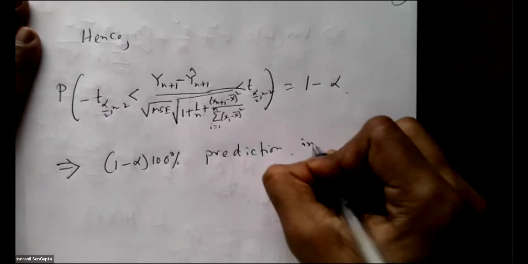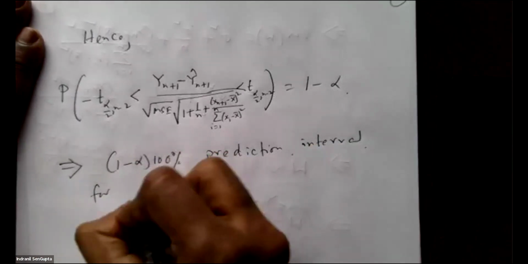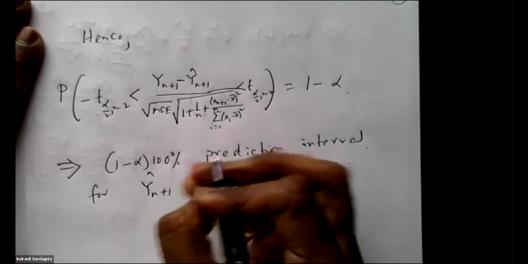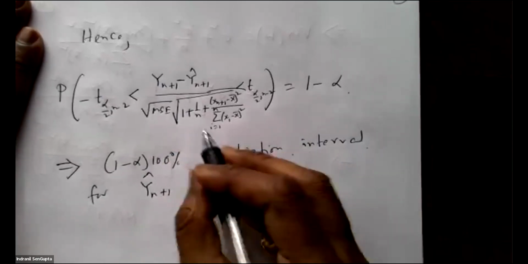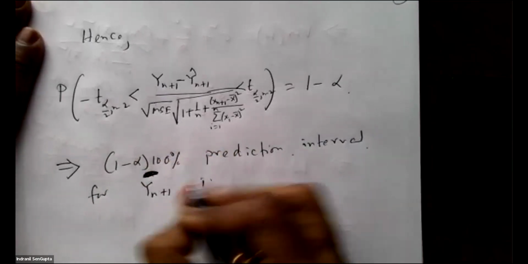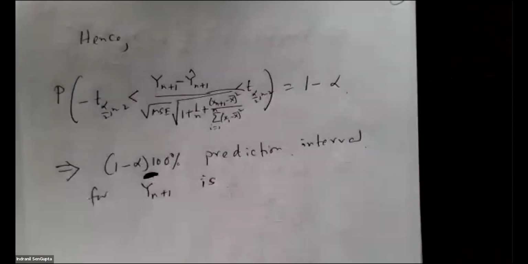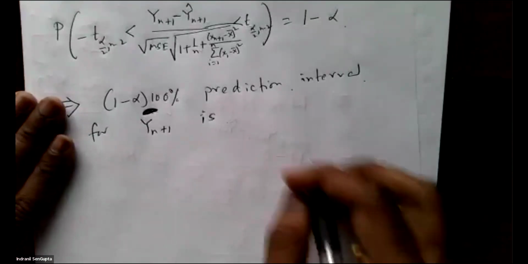its prediction interval for y_{n+1}, sorry, is, so this is basically the value that is the correct value.